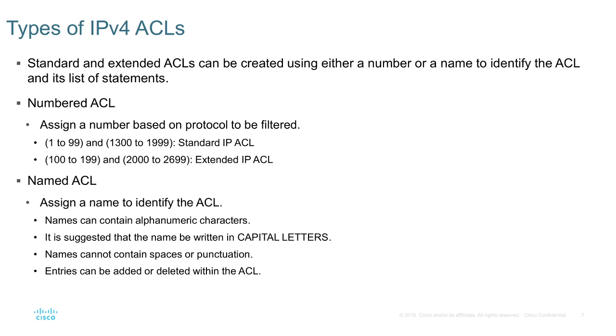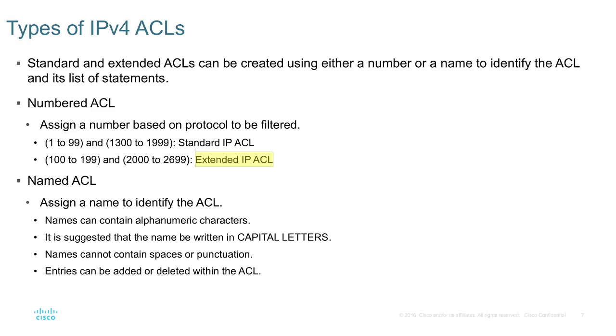When it comes to actually creating access control lists, for both standard and extended, we can create them using either a number or a name. We call them numbered ACLs or named ACLs. A numbered ACL is where we assign a number to a particular ACL. Certain numbers are allocated as standard IP ACLs and some as extended IP ACLs.